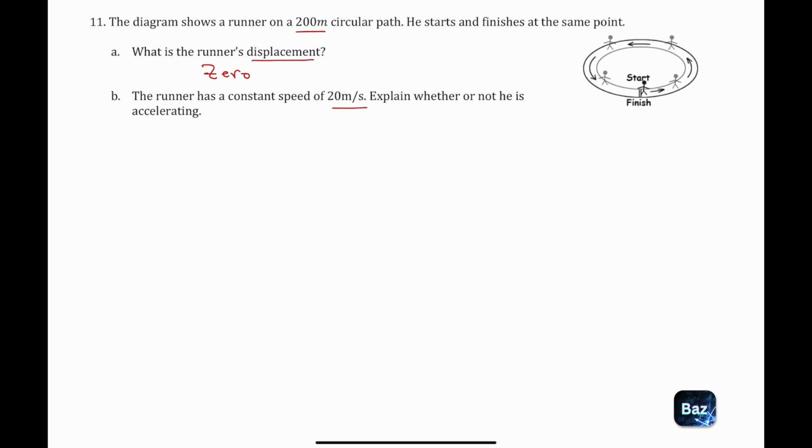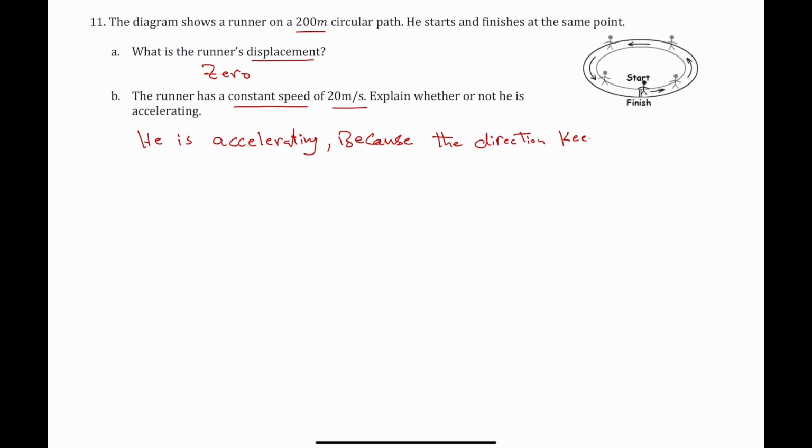Of course he is accelerating, because if the speed is constant in a circular path, the direction keeps on changing, so the object is accelerating due to the change in direction. So he is accelerating because the direction keeps on changing.